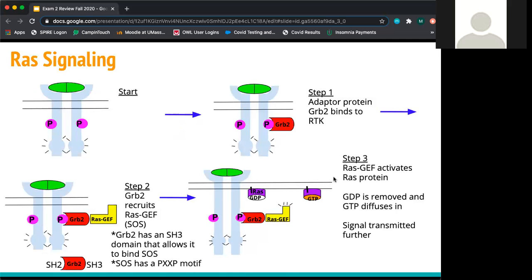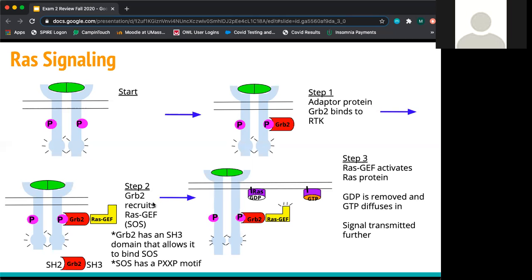So to start with RAS signaling, you start with your phosphorylated tyrosine kinases, and your signal molecule has bound. Step one is your adapter protein GRB2 is going to bind to your RTK. GRB2 has an SH2 domain, which allows it to bind to that phosphate group.